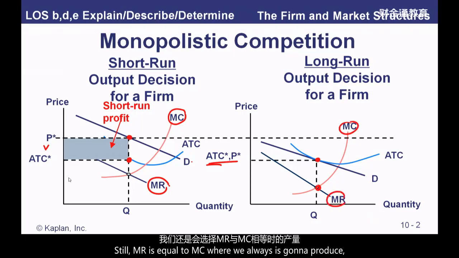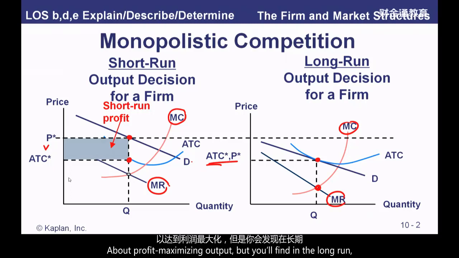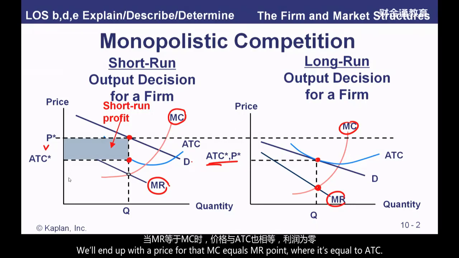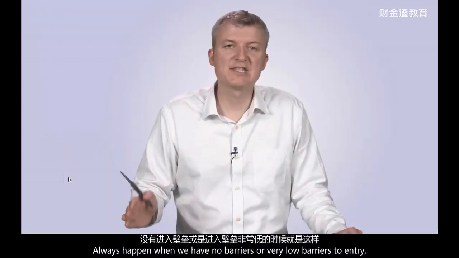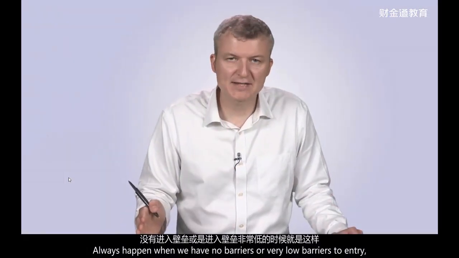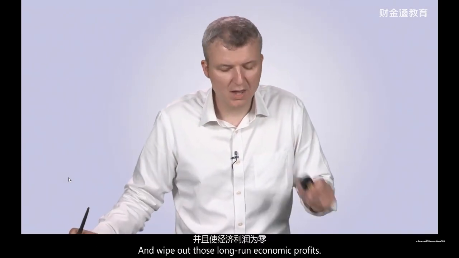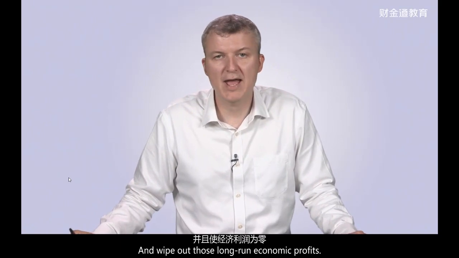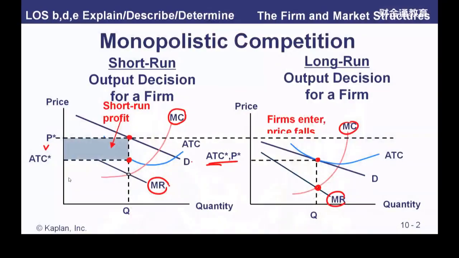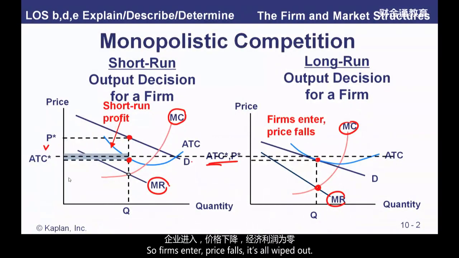We're always going to produce at that profit maximizing output, but you'll find in the long run, we'll end up at a price for that MC equals MR point where it's equal to ATC. Always happens when we have no barriers or very low barriers to entry, that firms will join in, force the price down, and wipe out those long-run economic profits. So firms enter, price falls, it's all wiped out.